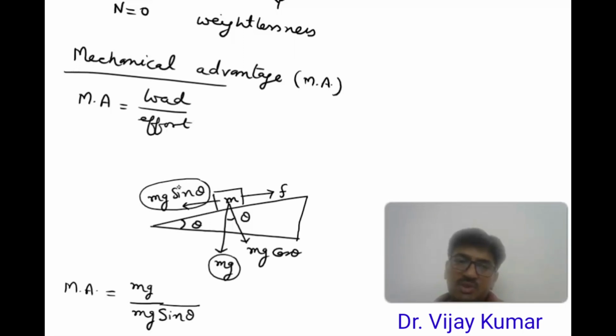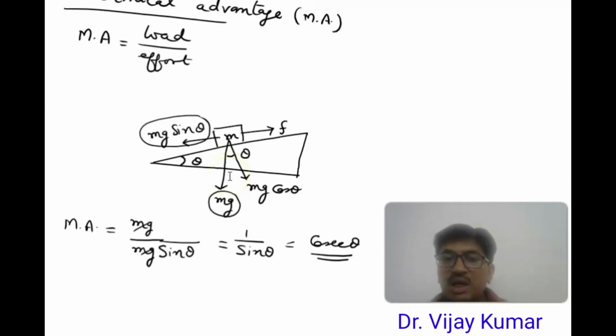So mg upon mg sin theta should be the mechanical advantage, and mg cancels out, giving 1 upon sin theta, or cosec theta. So in this case, the mechanical advantage should be cosec theta.